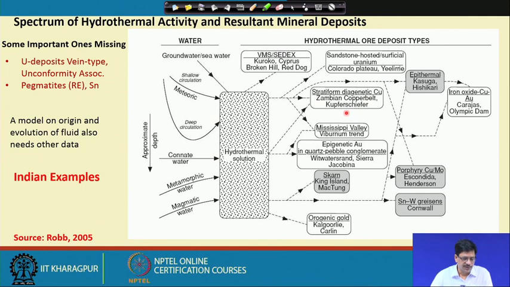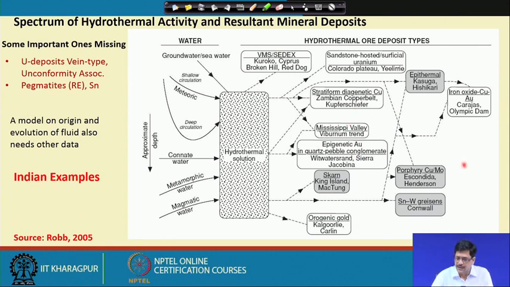So, within that framework, we find that the fluid inclusion characteristics in terms of salinity and temperature, and now with the availability of precise and sophisticated microanalytical techniques, it is becoming a little easier to characterize the fluids in terms of their ore-bearing potential, or which actually carried the metals.